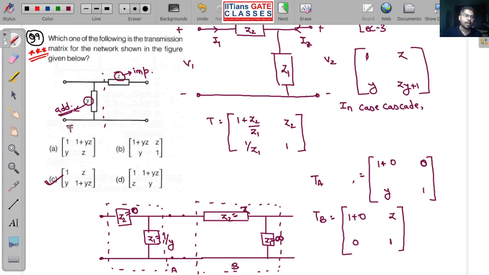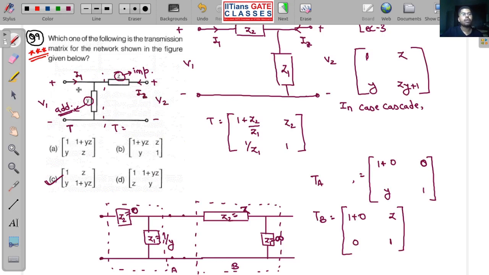You will be directly writing the T parameters of this network and the T parameters for this network, and you are going to multiply. Simply within 10 seconds you will be getting the answer and you are done. Or else, you can substitute this one as V1, this one as I1, this as V2 and this as I2.